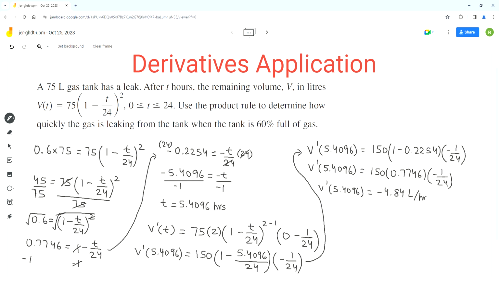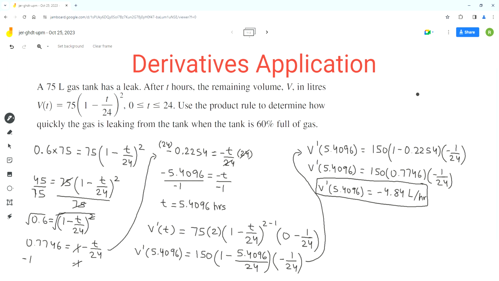So this should be the final answer for the rate at which the gas is leaking from the tank when the tank is 60% full. And we got a negative answer because the volume is decreasing at that rate. And we used liters and hours for the unit of the answer, because those are the given units in the problem.